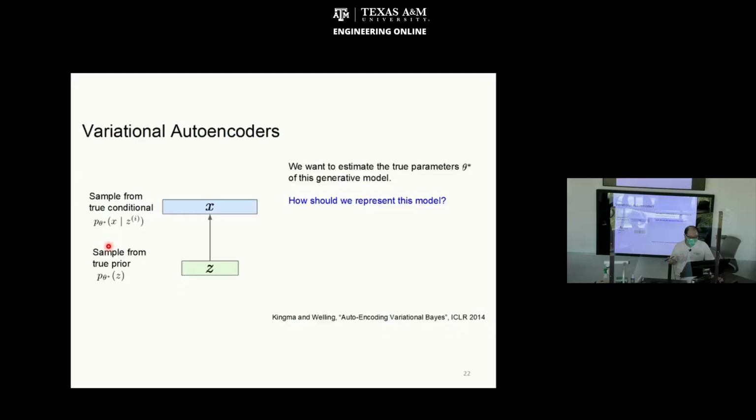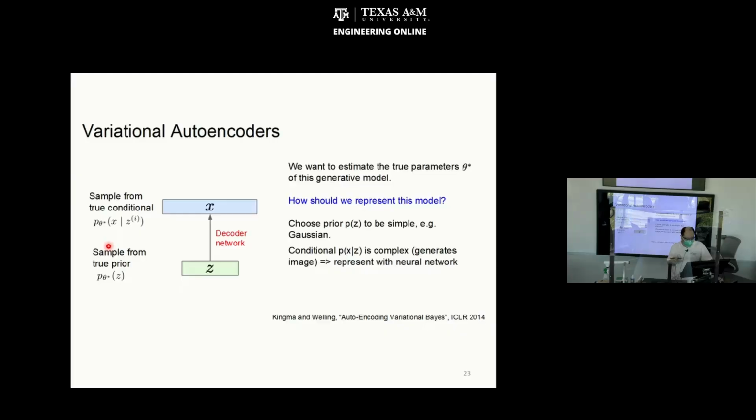So how do we represent this model? First you want this P of Z, because you want to fit your model distribution to the ideal distribution. So you may want to make this prior P of Z as simple as possible, like a Gaussian, which only has mean and covariance matrices, or maybe even independent dimensions, then your covariance is just diagonal.